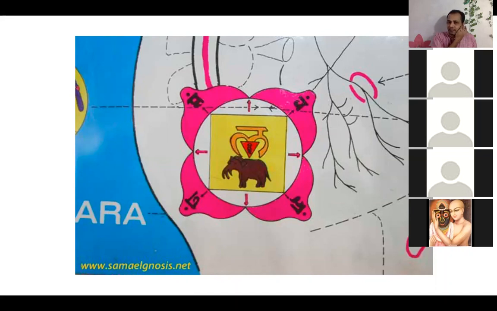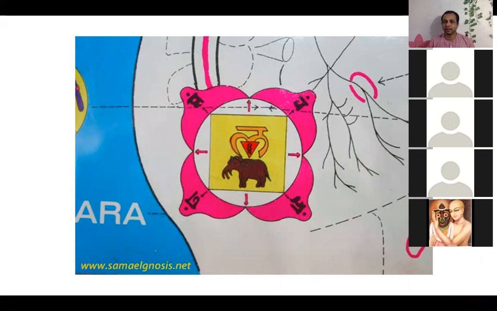Now you can see that just like in the gross nadi, you can have fat. So when they do a bypass surgery because your nadi in the heart has too much fat, you need to cut open the nadi.